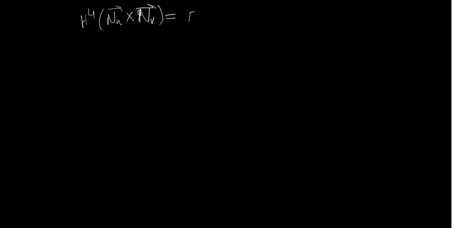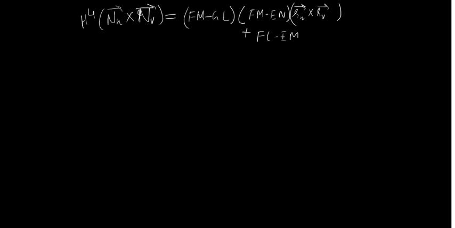It would be fm minus gl multiplied by fm minus en, into r sub u cross r sub v, then I have plus fl minus em into fn minus gm into r sub v cross r sub u.